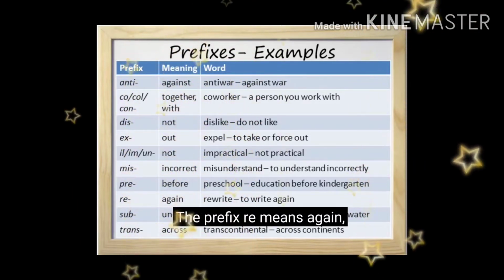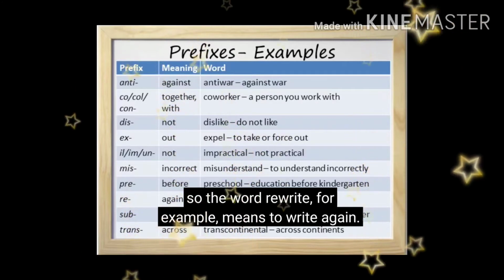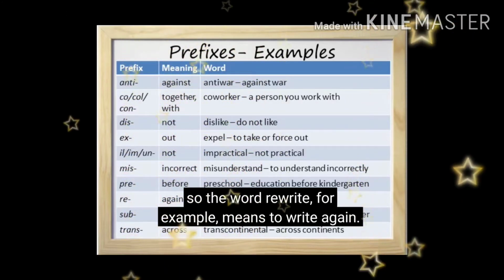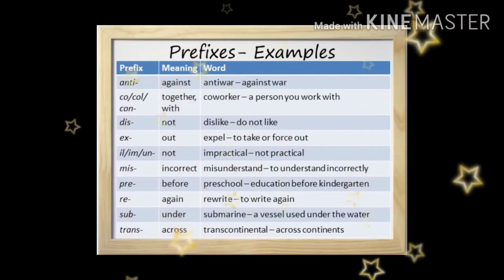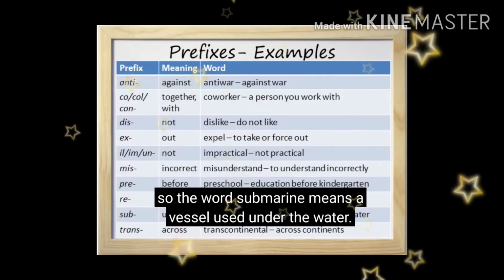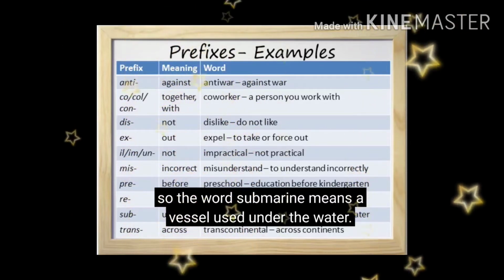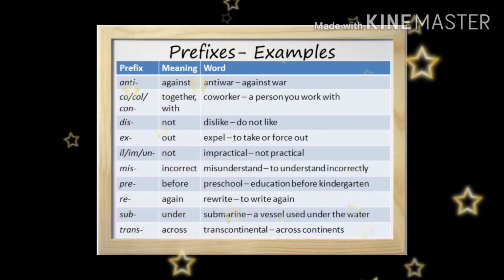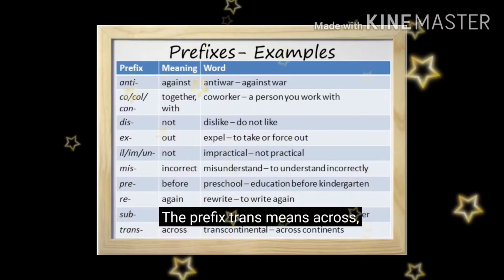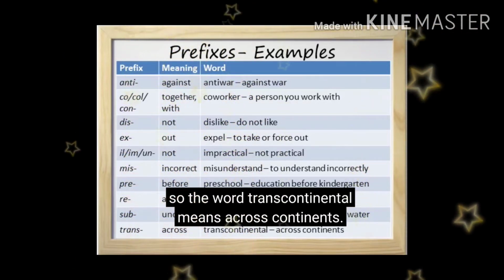The prefix re means again, so the word rewrite means to write again. The prefix sub means under, so the word submarine means a vessel used under the water. The prefix trans means across, so the word transcontinental means across continents.